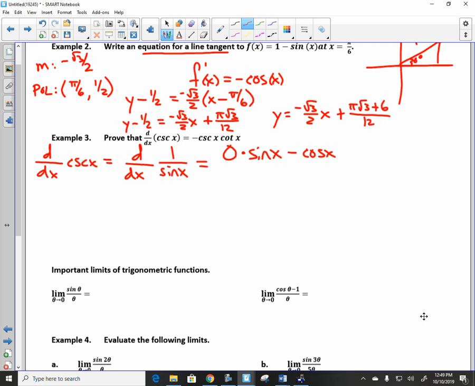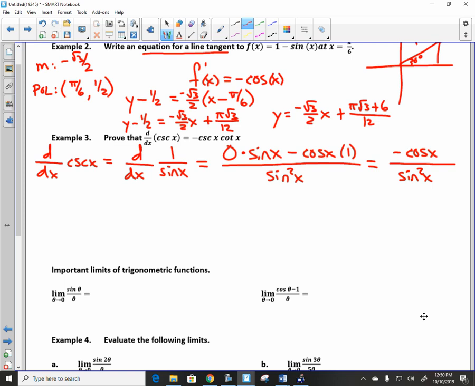Times the top left alone. All divided by the bottom squared. Everybody okay with setting up that quotient rule? Then what am I left with on the top? Negative cosine of x. And on the bottom? Sine squared of x.